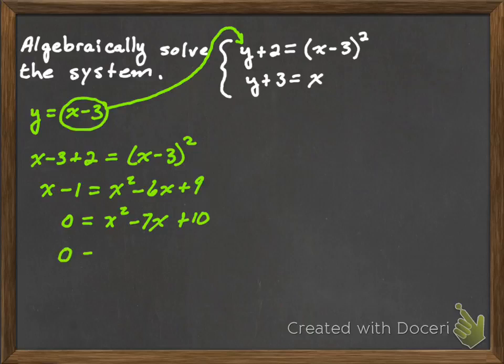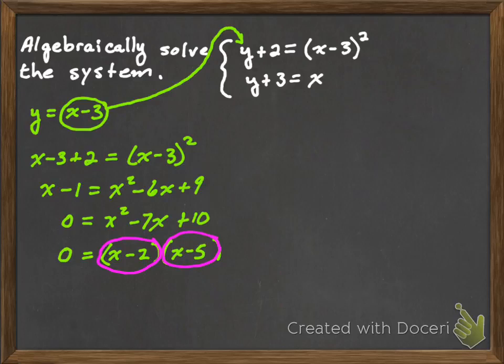Your next step is to factor this. The factoring goes down to x minus 2 times x minus 5, which means we have two things being multiplied together. We have x minus 2 times x minus 5.